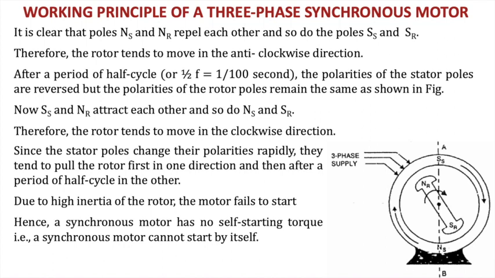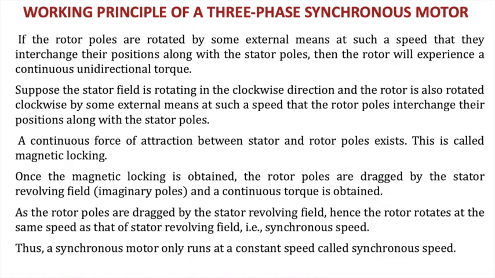Therefore the motor does not have any self-starting torque, and it is not a self-starting motor. So how will we do it? If the rotor poles are rotated by some external means at such a speed that the interchange of the positions of these poles on the rotor produces a unidirectional torque.